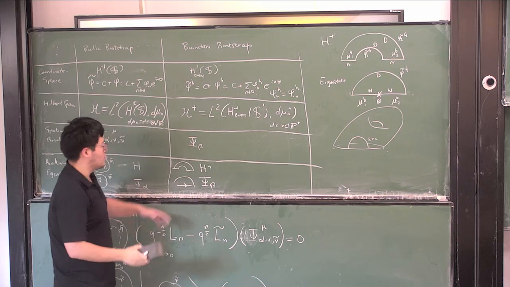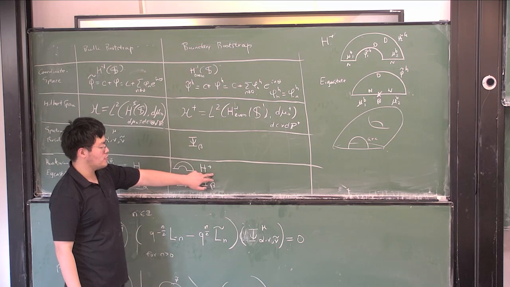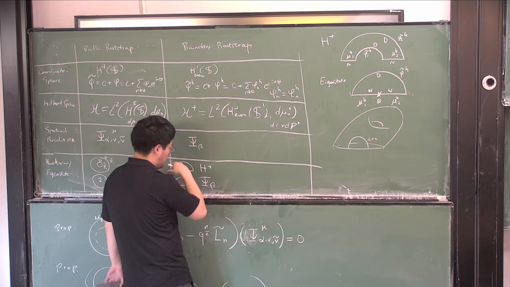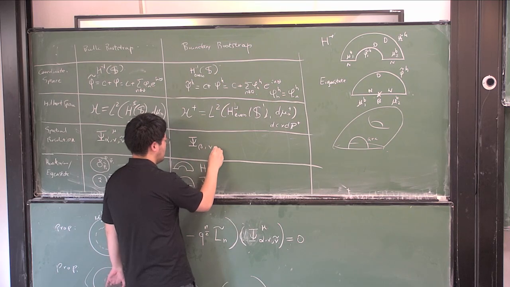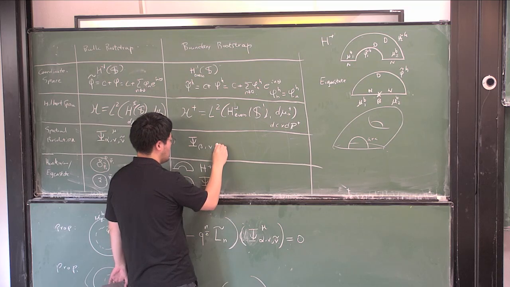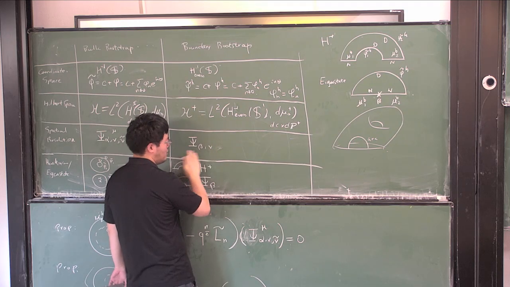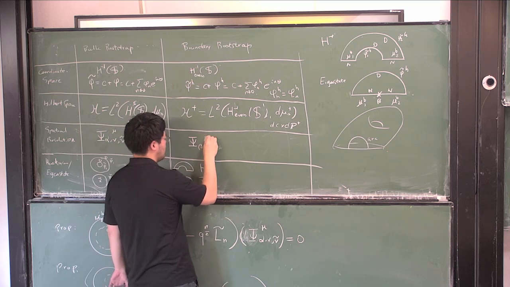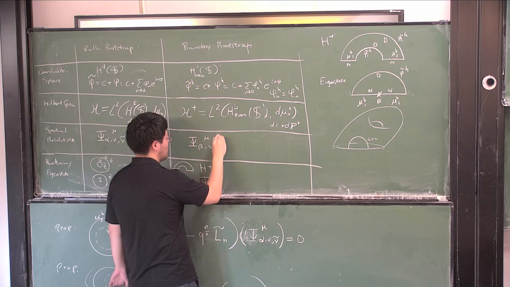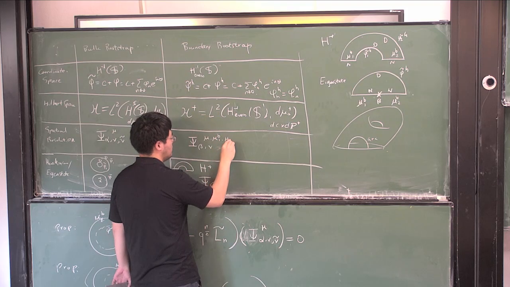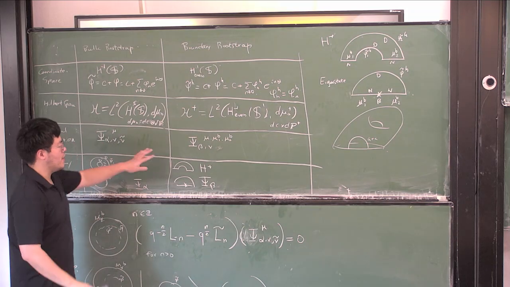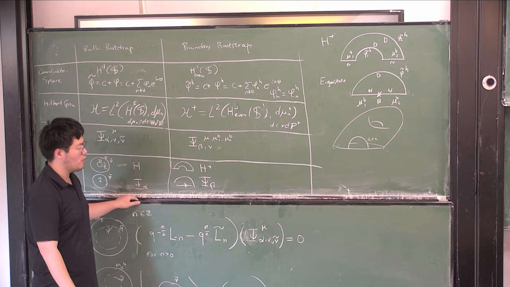You can also study the spectrum properties of this H plus, and the eigenstate is given by this. There is only one Wilson algebra here, and the eigenstate depends on mu and mu_b1, mu_b2. Now using this eigenstate, you can diagonalize the whole space.